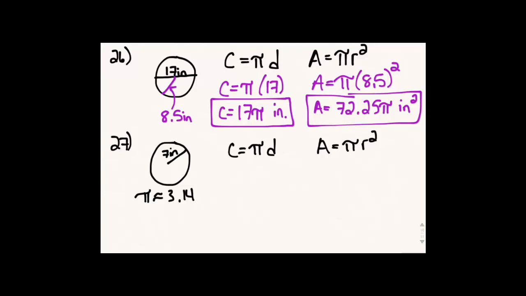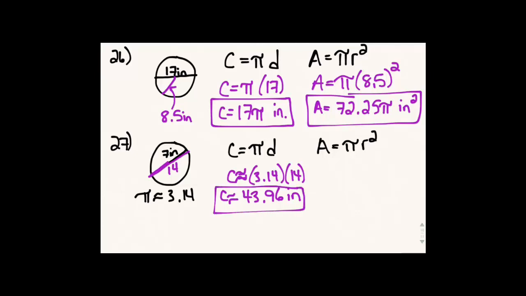If halfway across is 7, then all the way across is going to be 14. So the circumference equals 3.14 times 14. Actually, it's approximately equal to, because that's not exact. That gives us 43.96 inches for our circumference. So that's our approximate circumference.